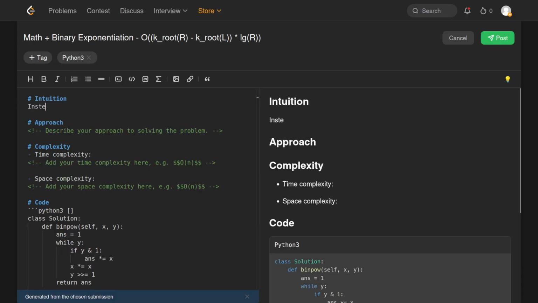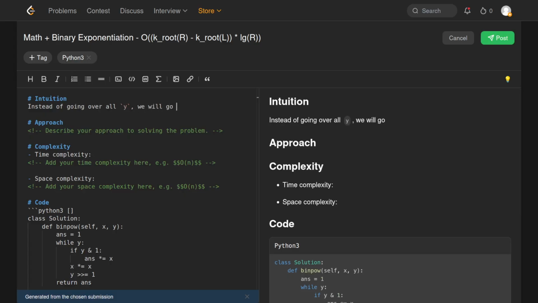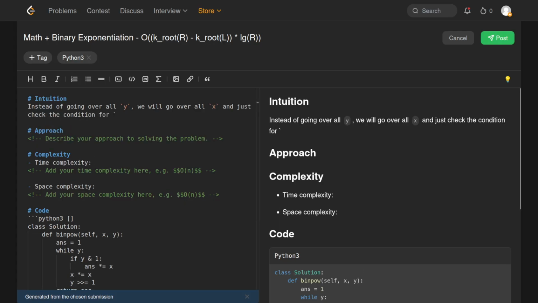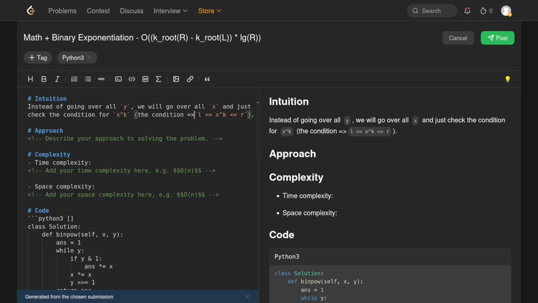So instead of going over all y, we will go over all x and just check the condition for x to the k: L less than or equal to x to the k less than or equal to r. And we say the condition is this.